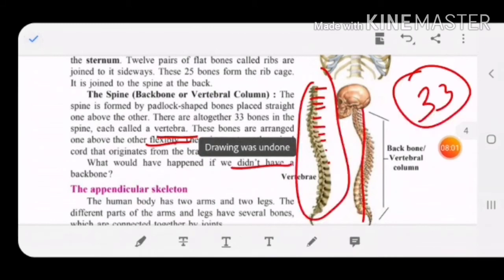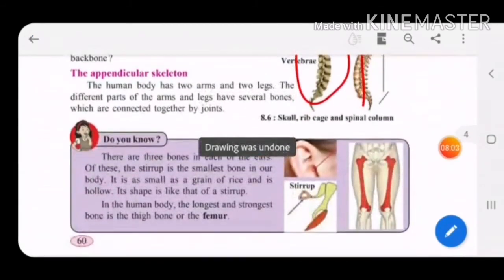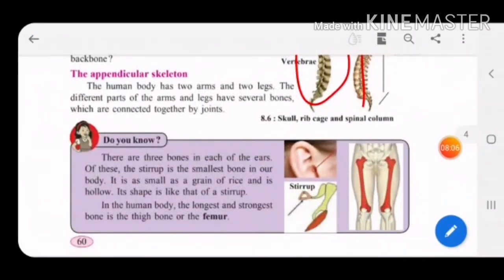Now, this was about the axial skeleton. Now let's move to the second part, the appendicular skeleton. The human body has 2 arms and 2 legs. Yes or no? You have 2 arms and 2 legs. The different parts of the arms and legs have several bones. Even in your arm you have bones. In your legs also you have bones, which are connected together by joints. Arm and leg bones are connected together by what?